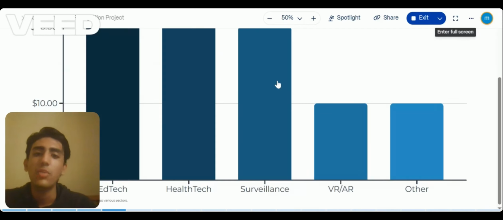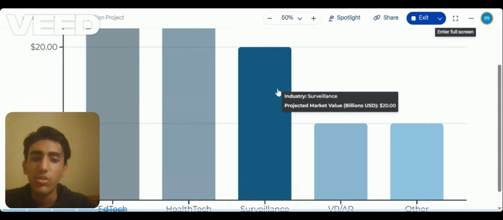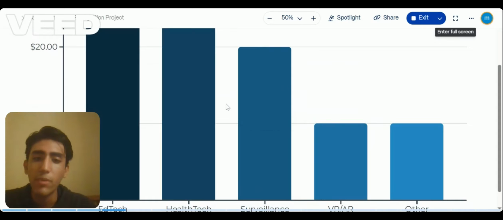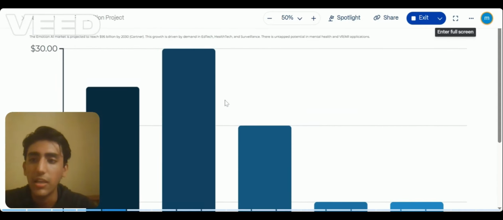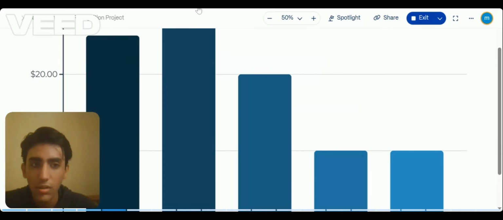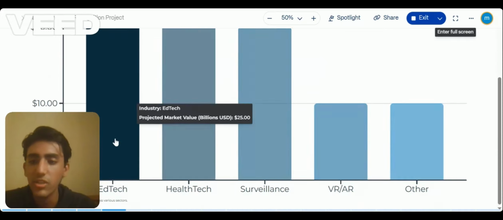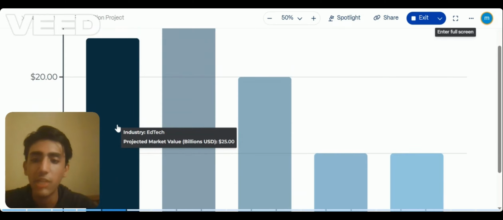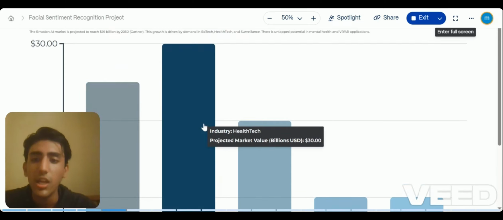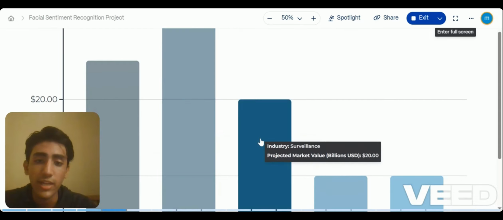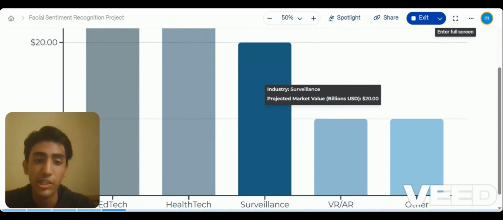Here's a chart we have of each industry and the projected market value by 2030. So as you can see, you have EdTech, which has a projected market value of $25 billion USD. Then you have Health Tech, where again it's vital. Surveillance, obviously.